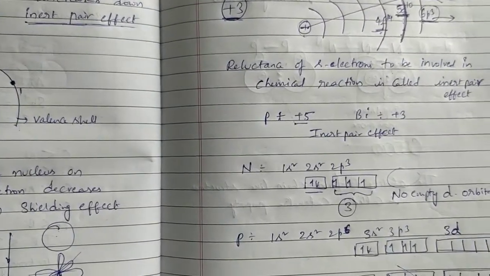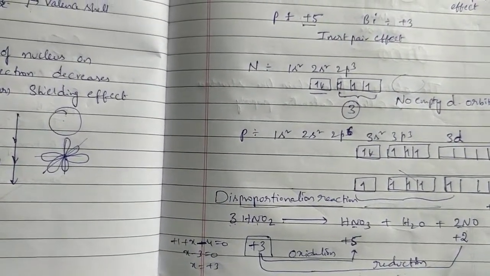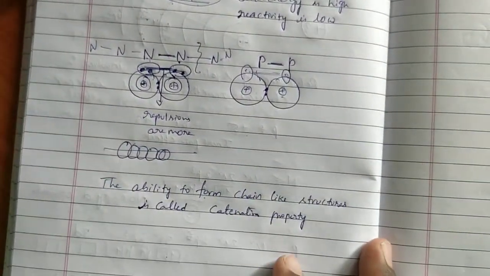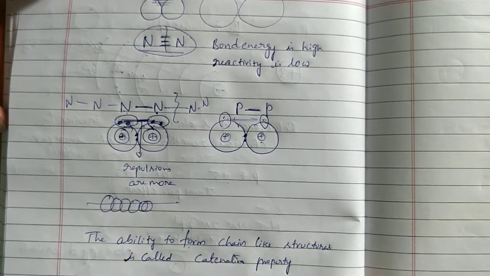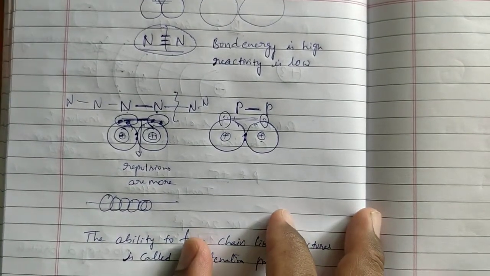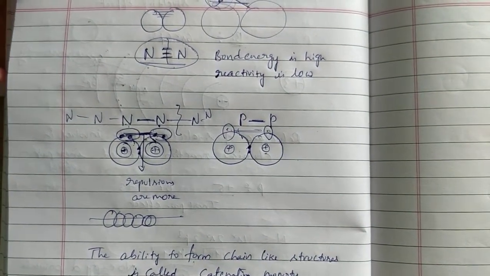That is about today's class. In the next class we will see how these elements react with other elements and which types of compounds are formed. Okay, I hope you are clear.